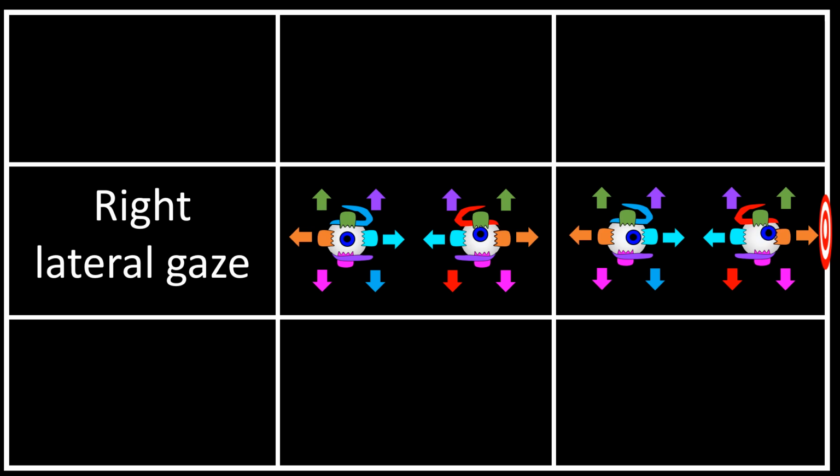The eye will also come down some from its abnormal elevated position in primary position, but not as far down as to reach the equator.